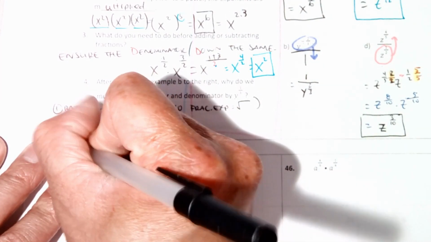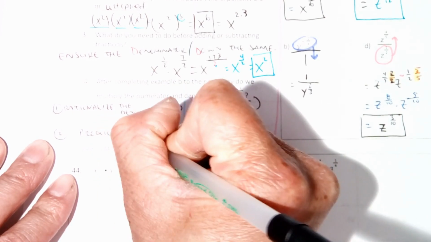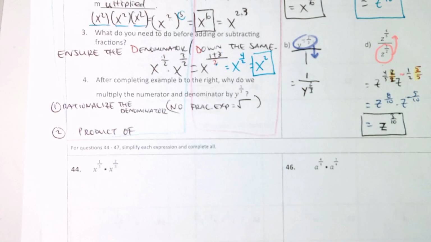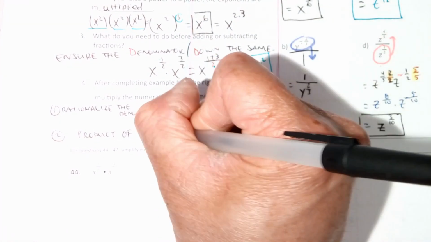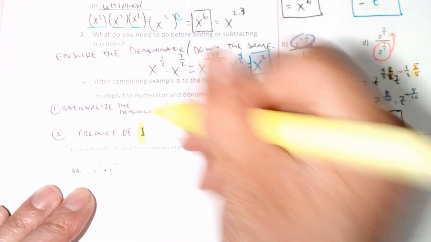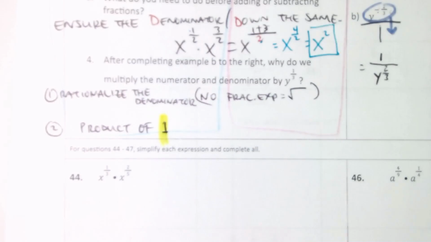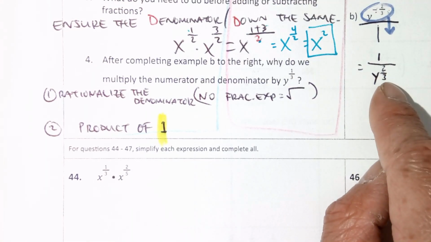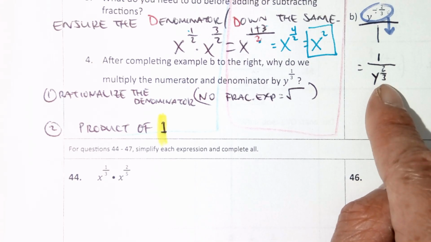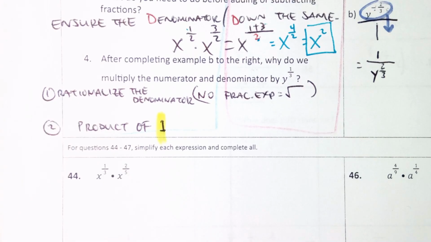Okay, what that means is if I do a product, our goal is to get 1. 1 is the special number. So I'm going to take y to the 2/3 and I want to multiply by y to the something power, so that it equals 1. And you're going to have to come up with that number.